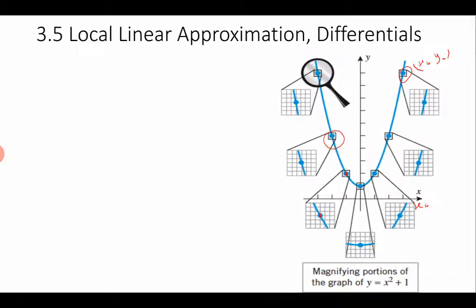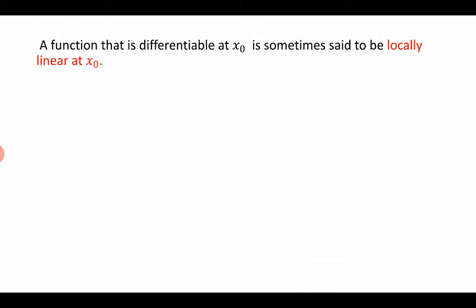This is called a local linear approximation. That is, a function f of x that is differentiable at x0 is sometimes said to be locally linear at x0.